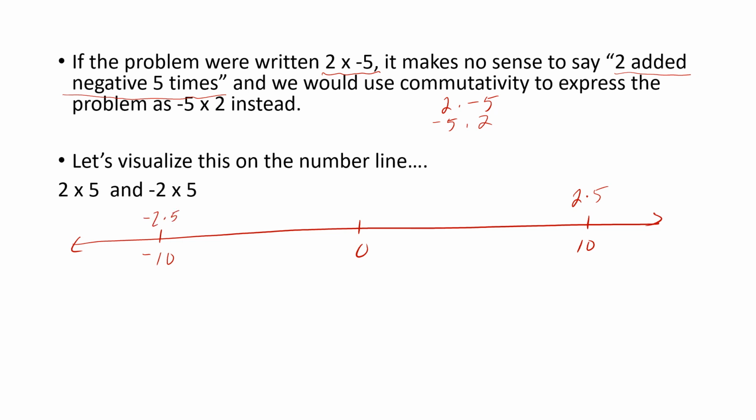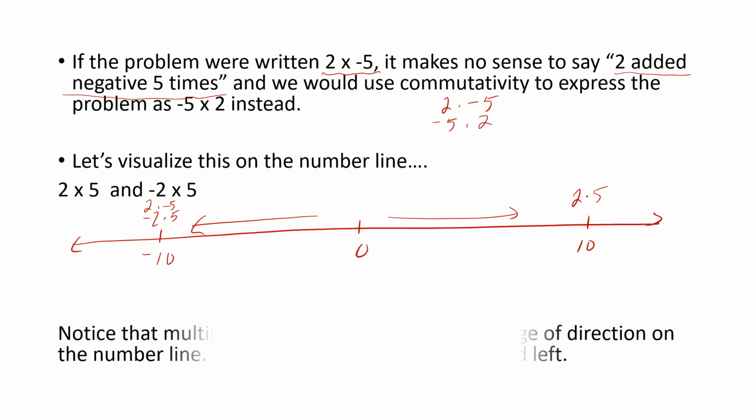And we established the same thing, that if it were the 5 that were negative, it would also bring us to the left. So what I want you to notice there is that making one of the numbers negative constitutes a change in direction on the number line. So the negative 2 brings it over to the negative 10. So instead of moving right, we're moving left.